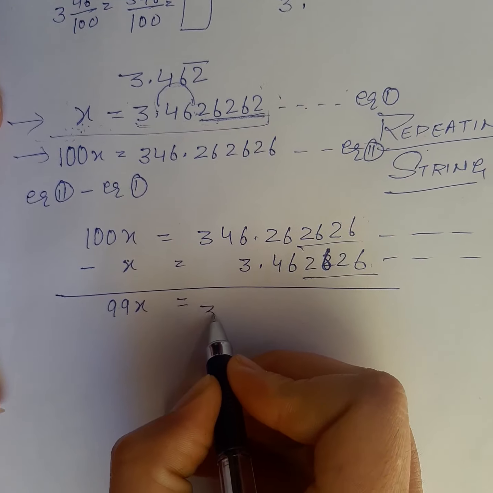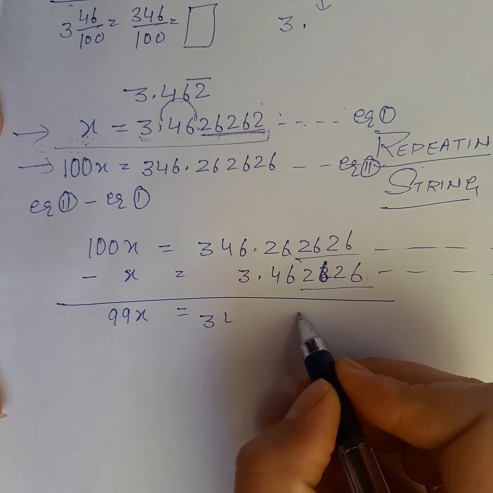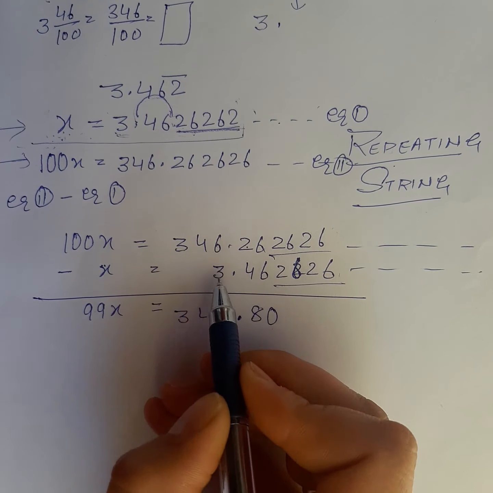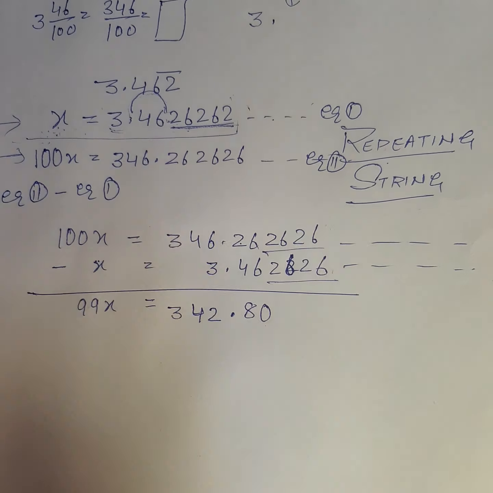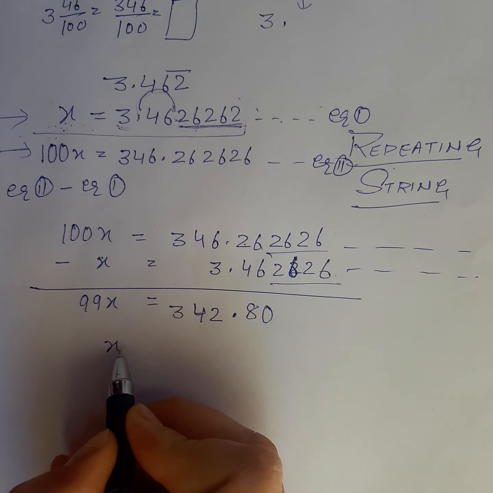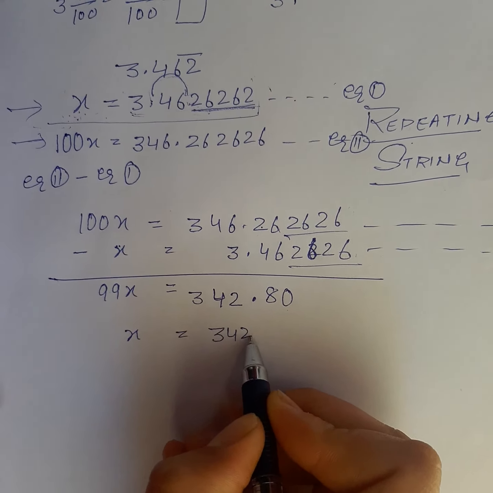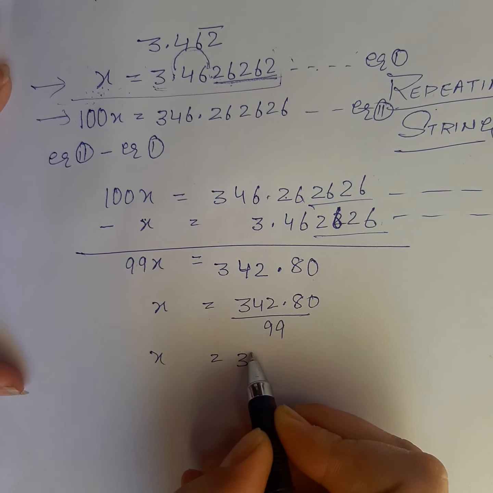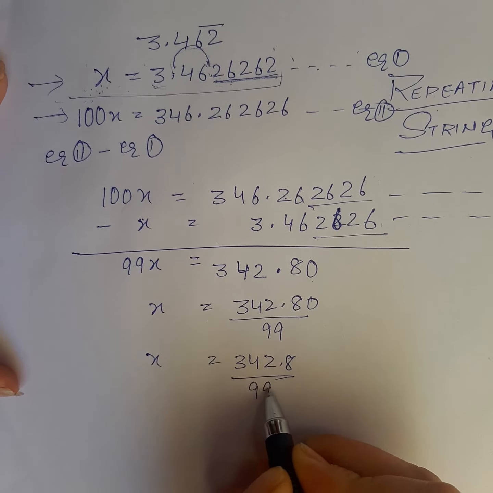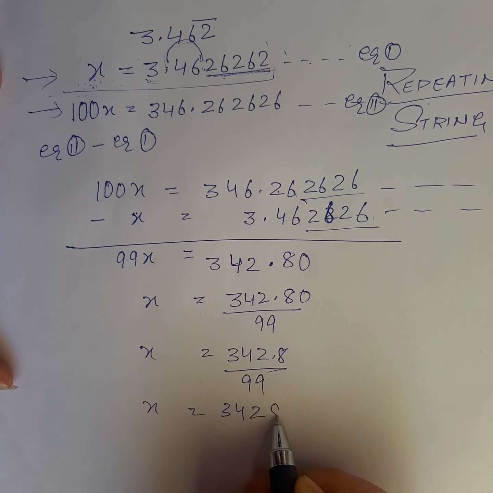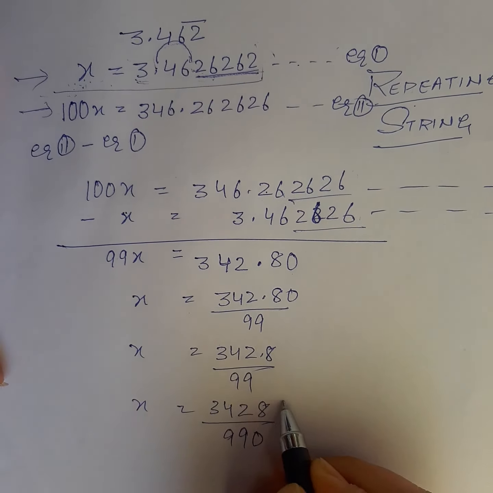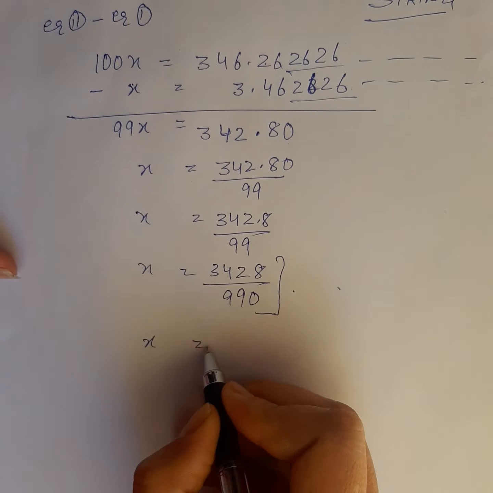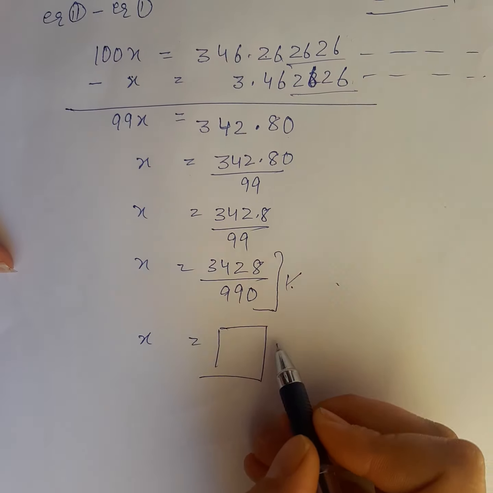And here the answer is 342.8, and x equals 342.8 over 99, which can be written as 3428 over 990, which can be further reduced, and then you can reach a simpler fraction, which is not that difficult a task.